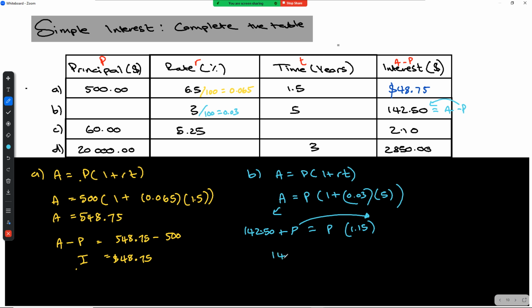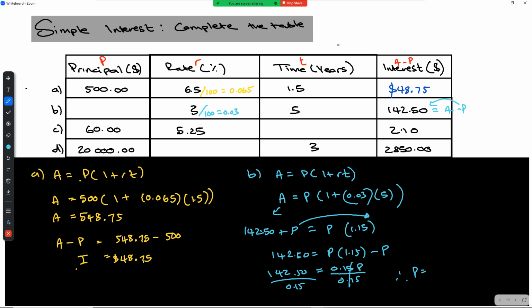Okay, so 142.5, because here we want to find the principal amount, which is P, will come to 0.15P. And so we divide by 0.15 on both sides.